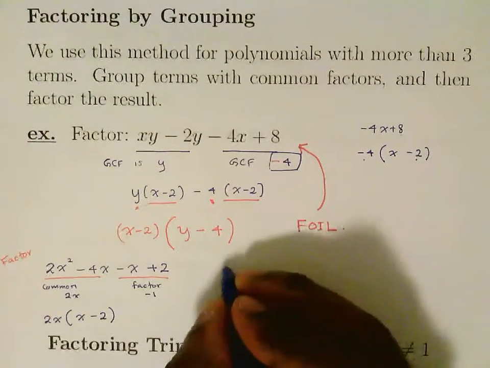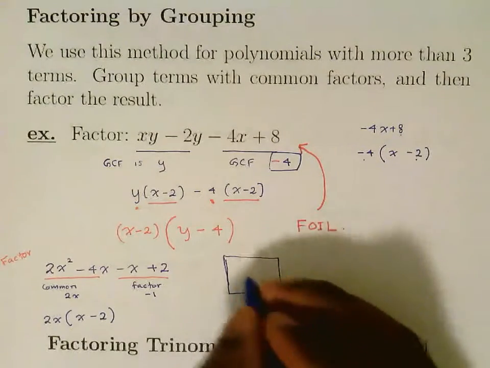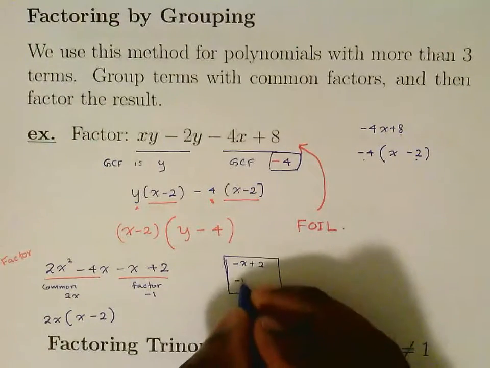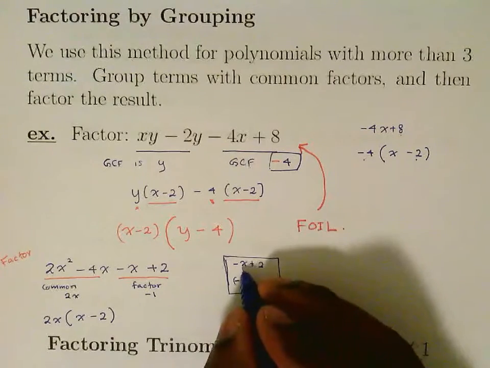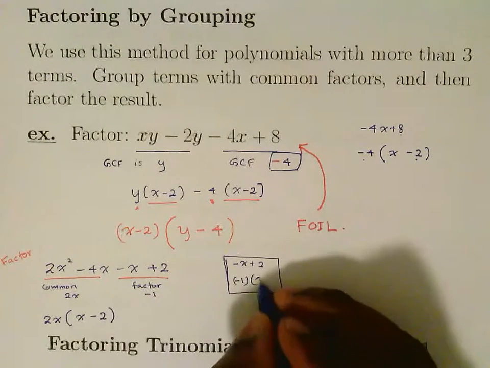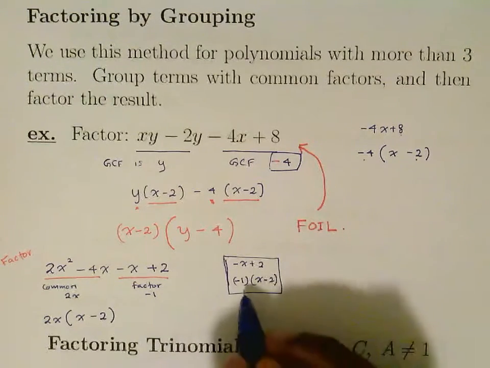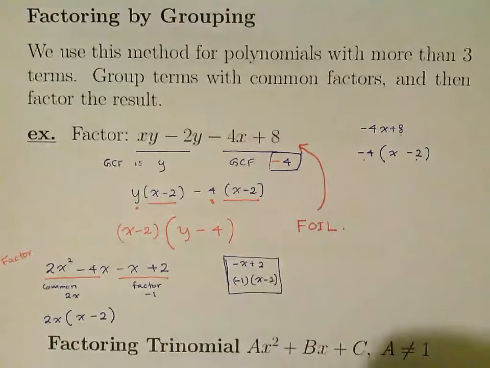What happens here? Let me do it in this small box. You have -x plus 2. You take out a -1, and then you have plus x minus 2, right? -1 times x is -x. -1 times -2 is plus 2.